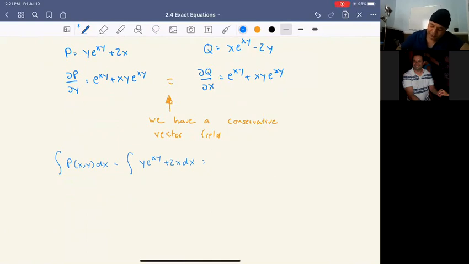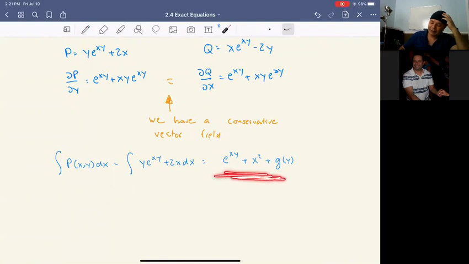So the integral of y e to the xy is going to be e to the xy, plus x squared. And now we're going to add on an arbitrary function, let's call it g of y, here. Okay? Because if we take the derivative of this expression with respect to x, we are going to get this expression, right?